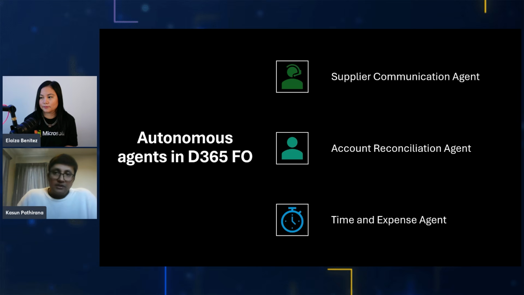And the other agent, which is an interesting one, is the account reconciliation agent. You no longer need to wait until month end to catch the financial mismatches with the account reconciliation agent. Microsoft has transformed this reconciliation from a slow reactive process into a smart proactive one.